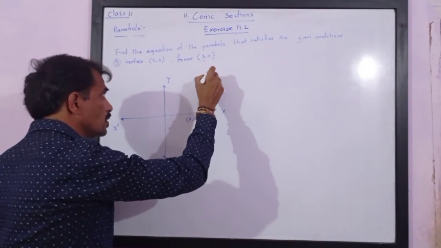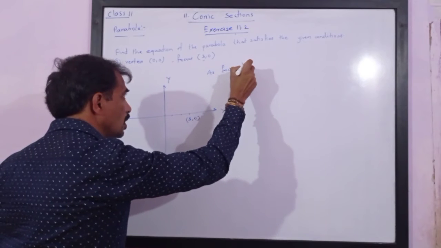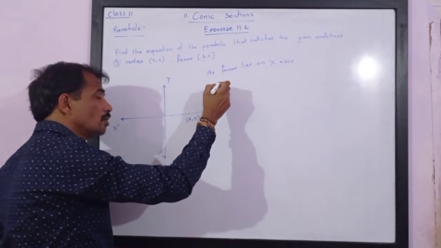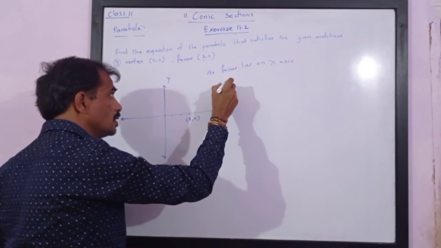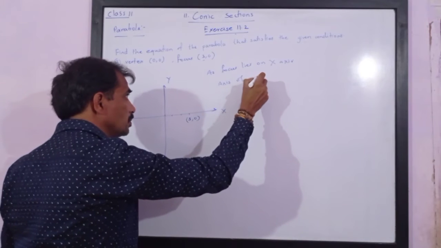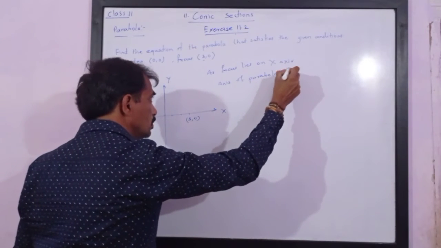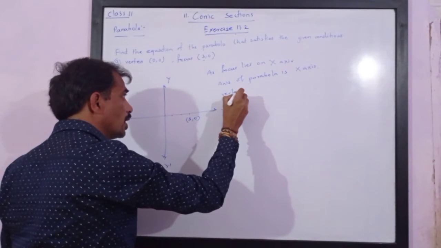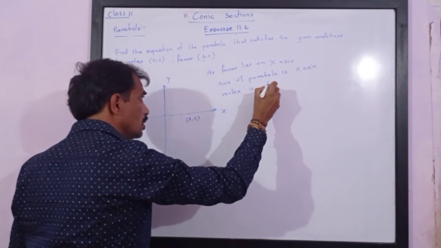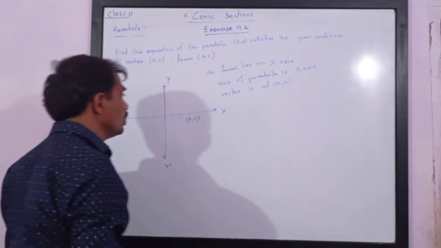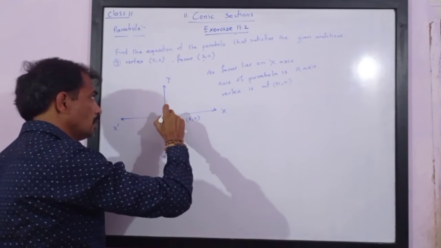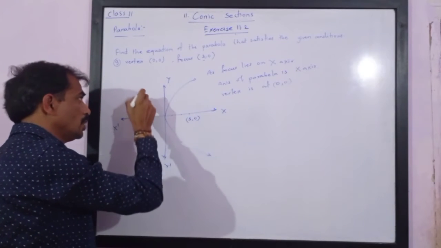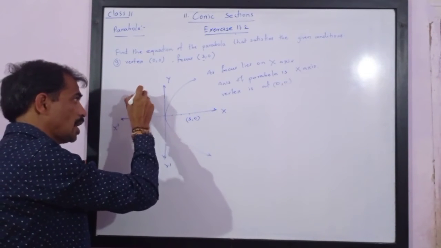So as the focus lies on the x-axis, the axis of symmetry, the axis of the parabola, is the x-axis. Now vertex is at (0, 0). We have defined the parabola in such a way that it is a curve which is equidistant from the directrix and the focus.